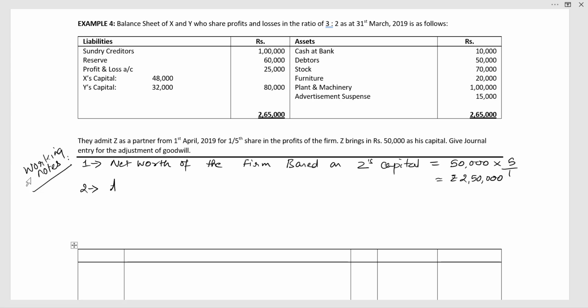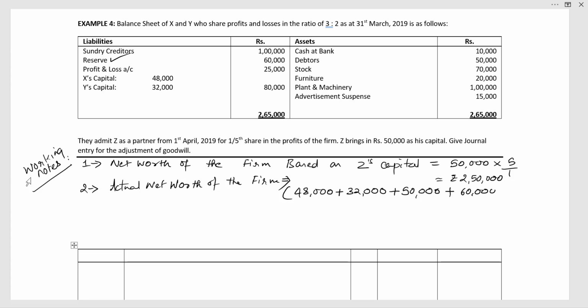Step 2. Actual net worth of the firm. We will take X's capital rupees 48,000 plus Y's capital rupees 32,000 plus Z's capital, which is rupees 50,000, plus we will add the reserve, which is given as 60,000 on the liability side of the balance sheet.